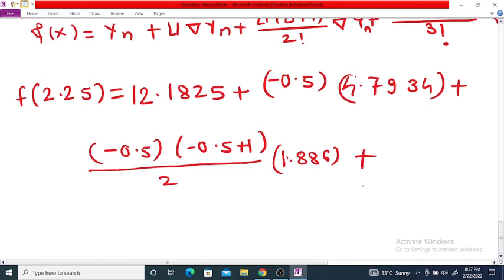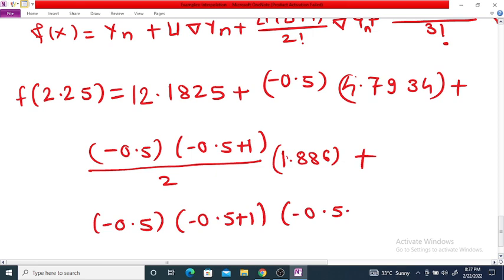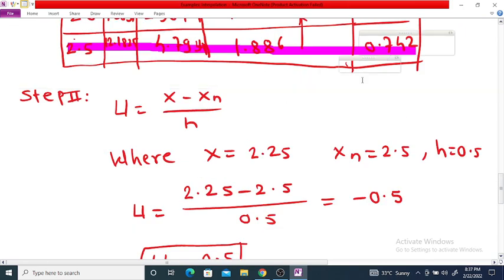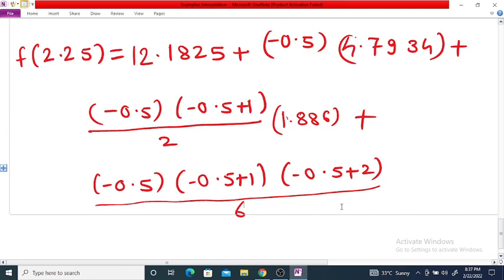Plus u into minus 0.5 plus 1 into minus 0.5 plus 2, divided by 3 factorial, that is 6, into del cube yn. What is del cube yn? It is 0.742.